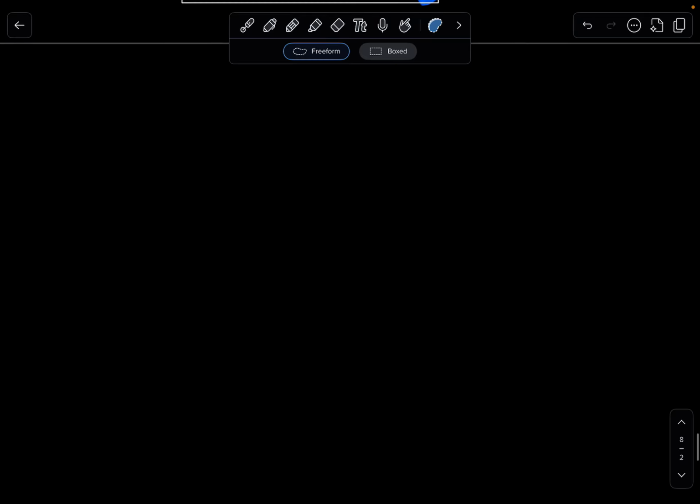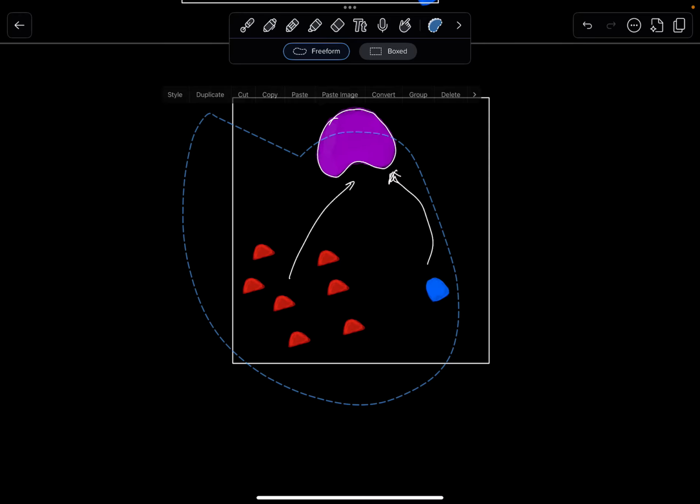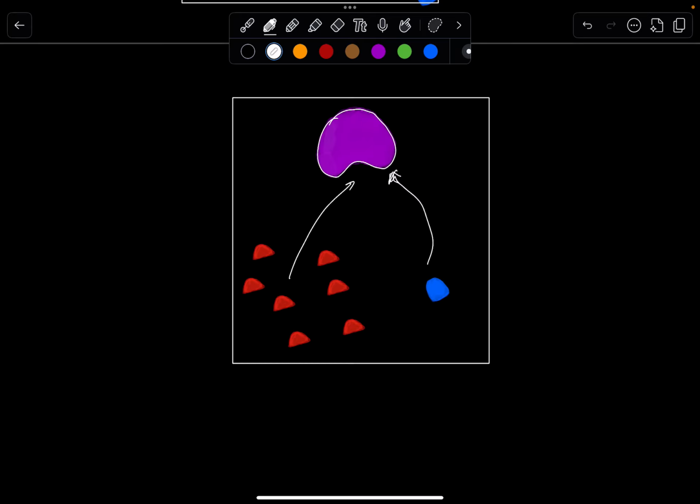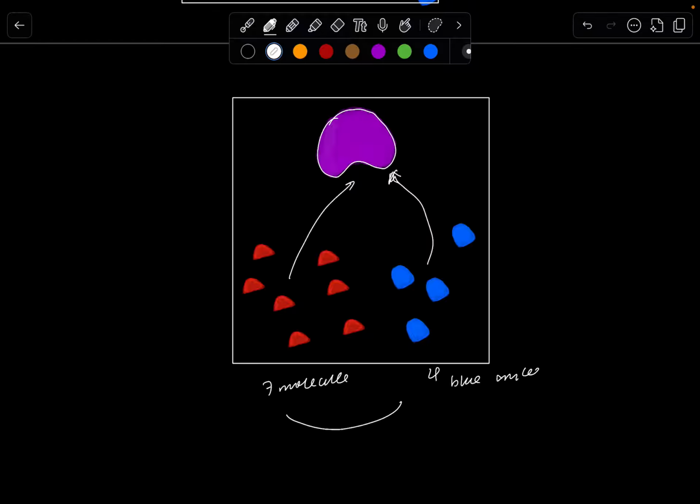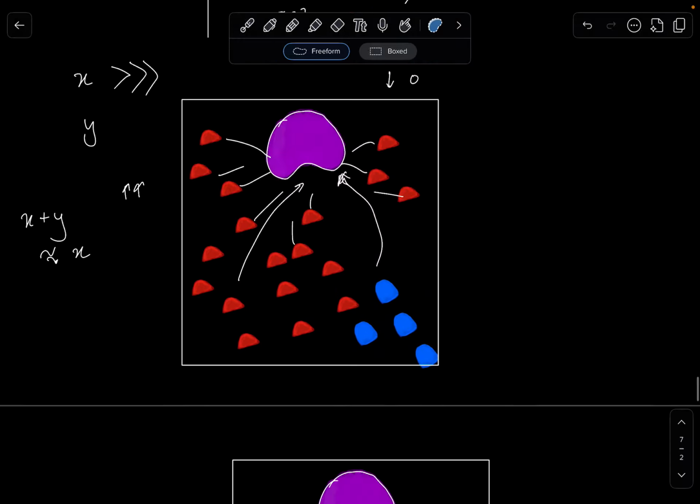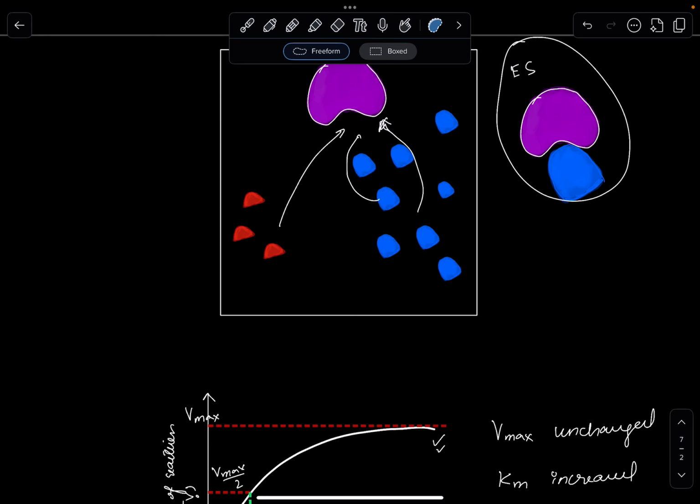If I have, let's say, 7 substrate molecules, and I have 4 blue ones. So now we look at this and we see that 4 blue molecules, they're not that far apart. 4, 7.